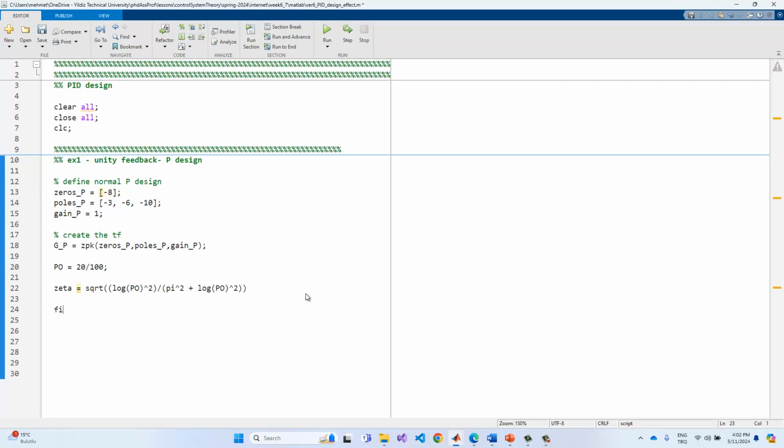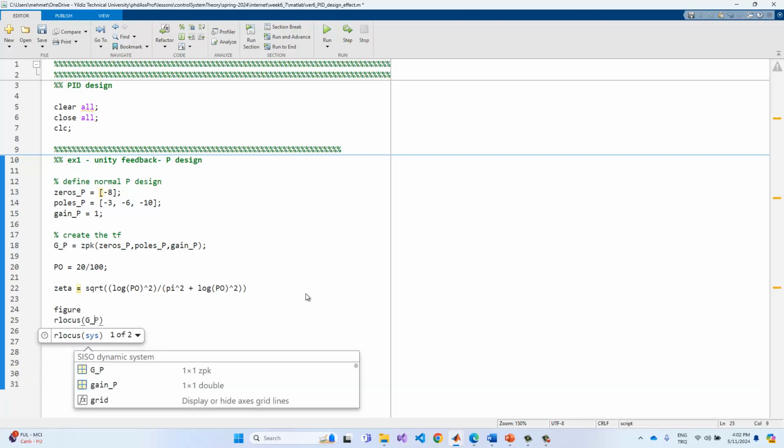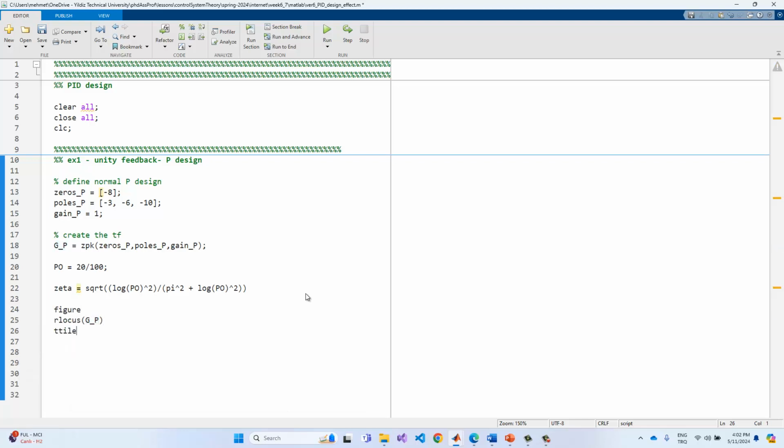Okay, figure, root locus GP, and title root locus of uncompensated system. Okay, and sgrid, zeta must be given in here.